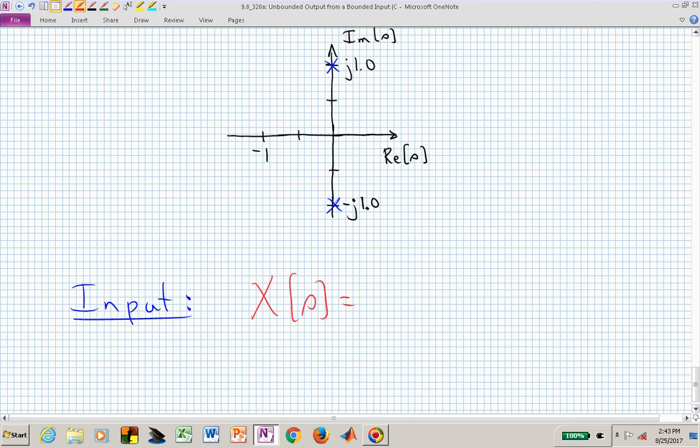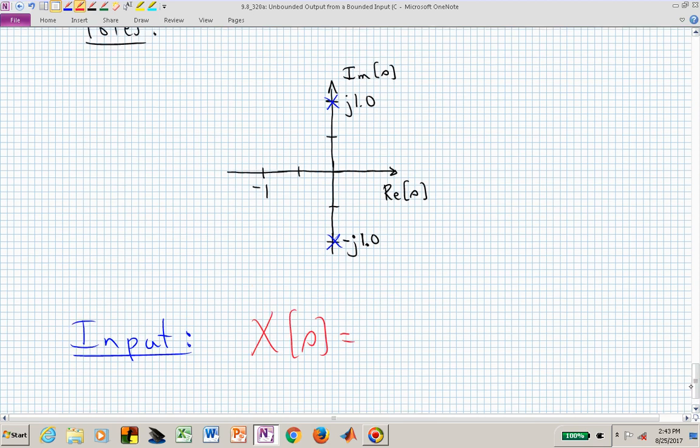What does capital X of S need to do? Well, it actually needs to have poles that are right on top of those poles that are on the imaginary axis. And we can do that with that particular capital X of S.